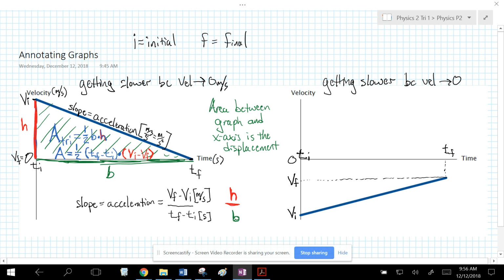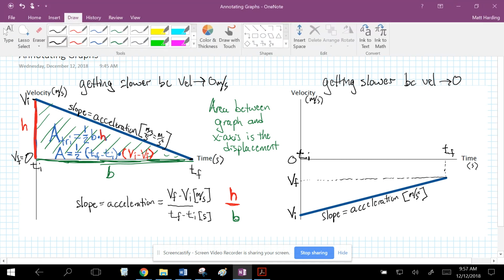So I kind of traced over to show you I'm putting it at that level. And again, this slope is acceleration. That's going to have the units meters per second squared. Velocity is going to be in meters per second. Time is going to be in seconds.